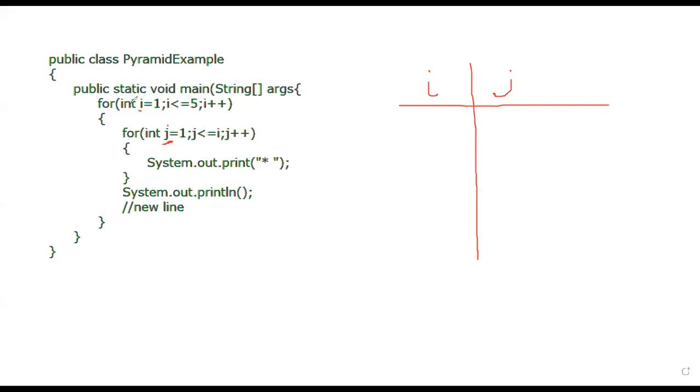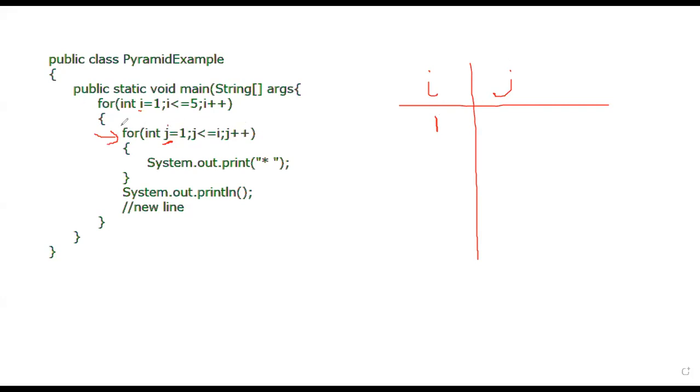Now it's saying that when I is equal to 1, and I, which is 1, is less than or equal to 5, what will happen is that it will come and execute this for loop, which is the J loop.